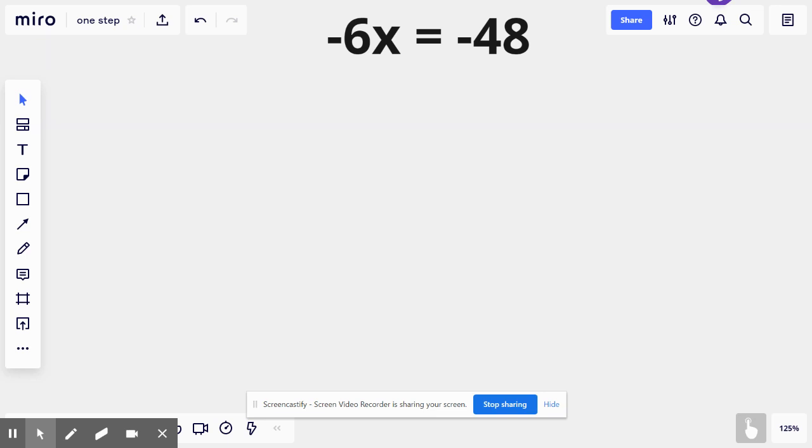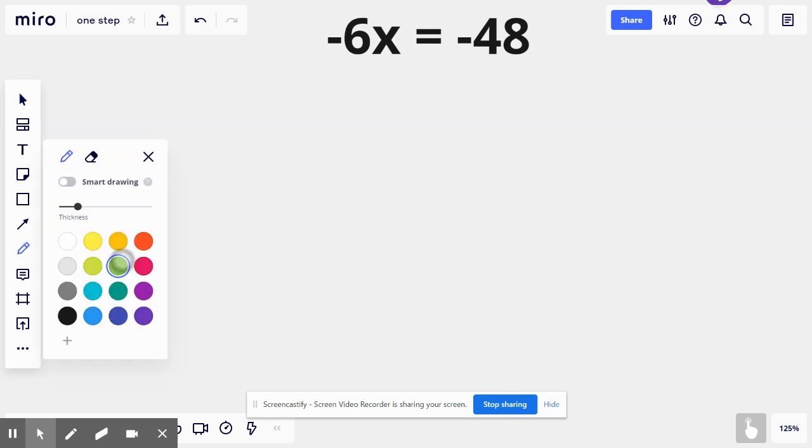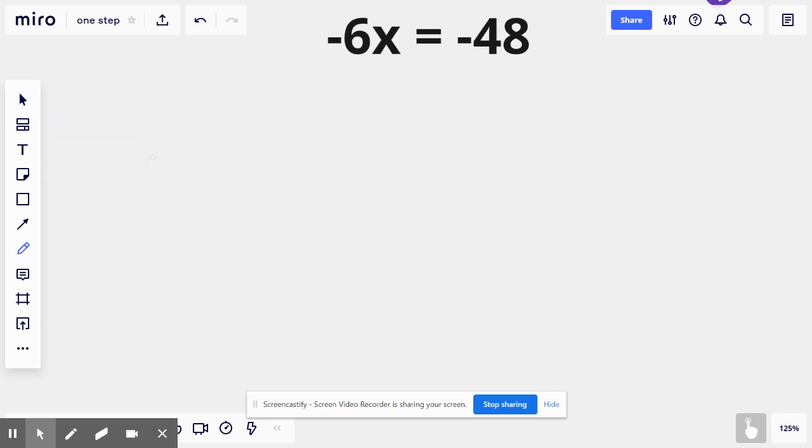Okay, so I'm going to ask you, what is happening with the x here? All right, I hope you recognized again that this is a negative 6. We know that when a number and a variable are just kind of nice and close to each other like that with no other symbols in between, they're multiplying.